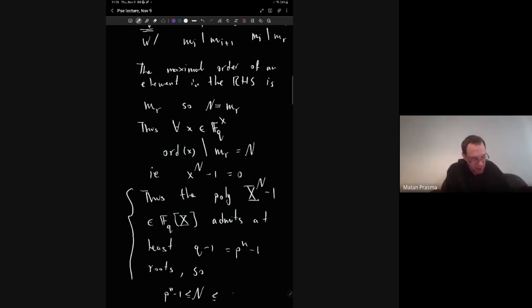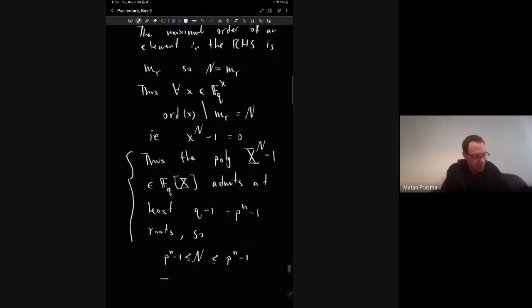So I get this funny inequality, which means that n is equal to p to the n minus 1.